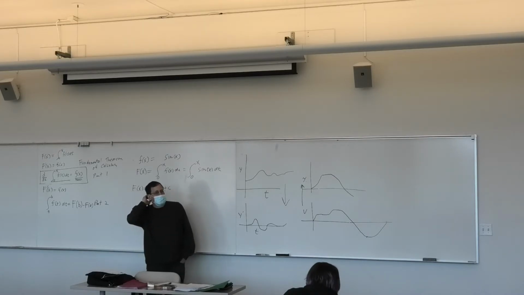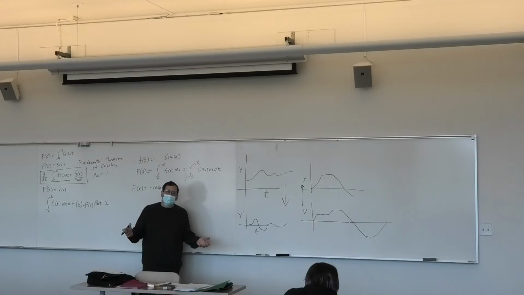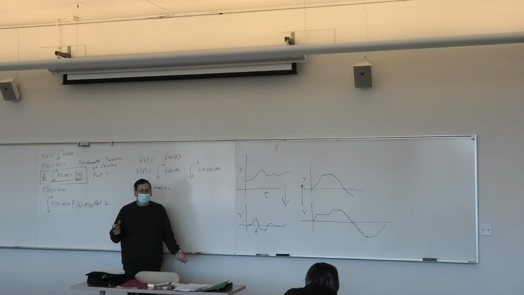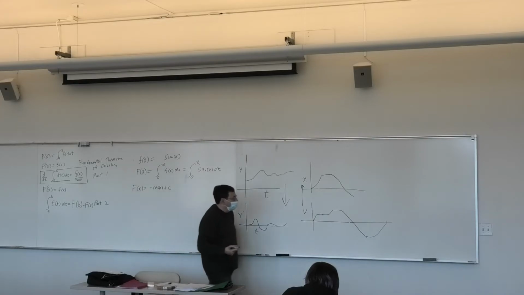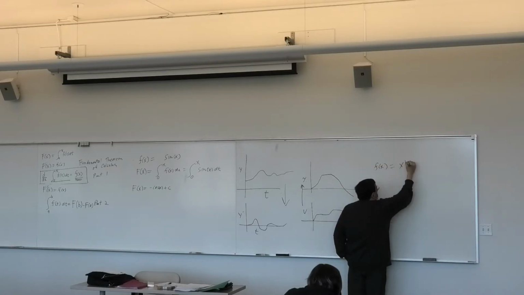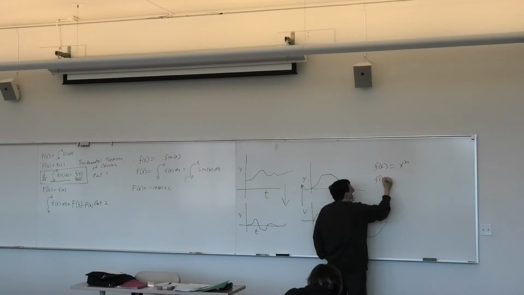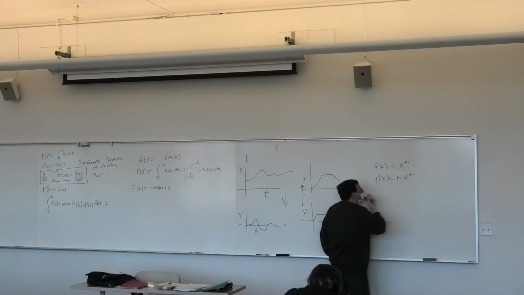I'm scratching my head too as to how to impart this. There are these two pieces here. There's what's going on: we've got velocities, we've got areas. How are they connected? And then there's just the mechanics of it. We've done an awful lot of mechanics. We found that if our function is some monomial x to the n, then its derivative is n x to the n minus 1.